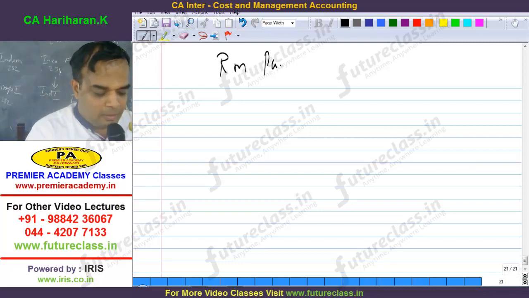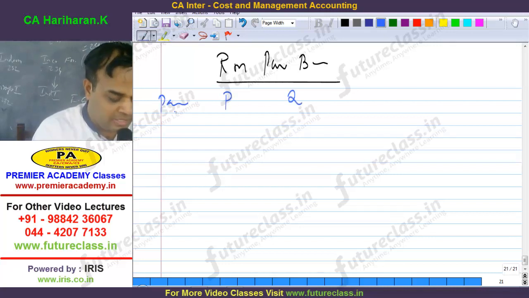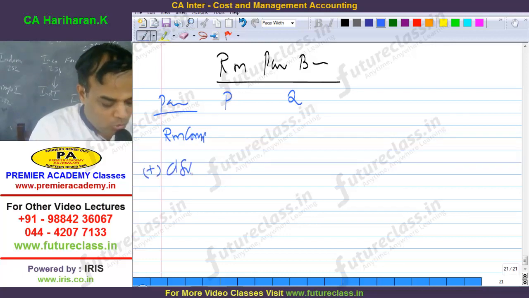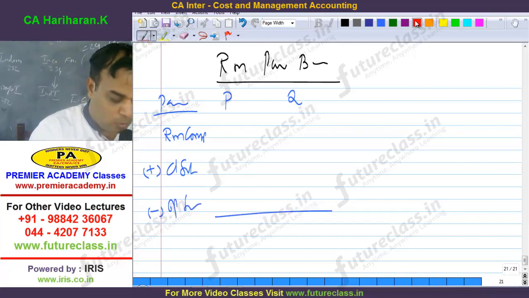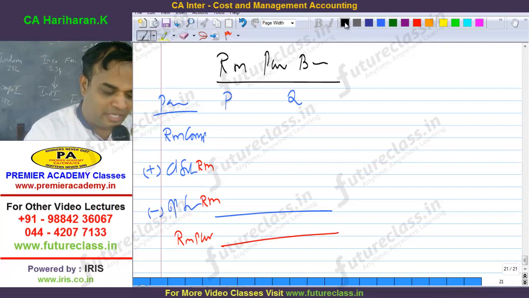Raw material purchase budget. Raw material means P and Q. Particulars P and Q. Raw material consumption add closing stock less opening stock is equal to raw material purchase.